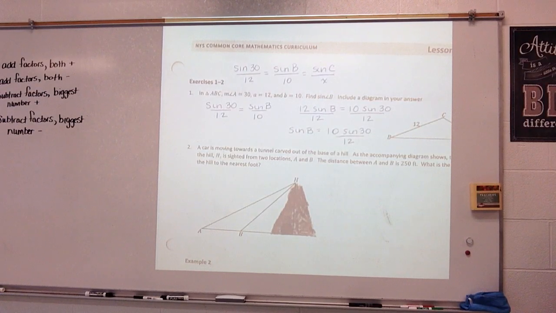I'm going to once again use parentheses, 10 sine of 30 divided by 12 gives me approximately 0.416667.